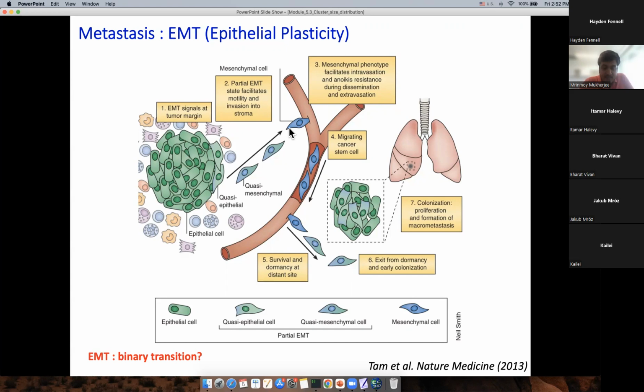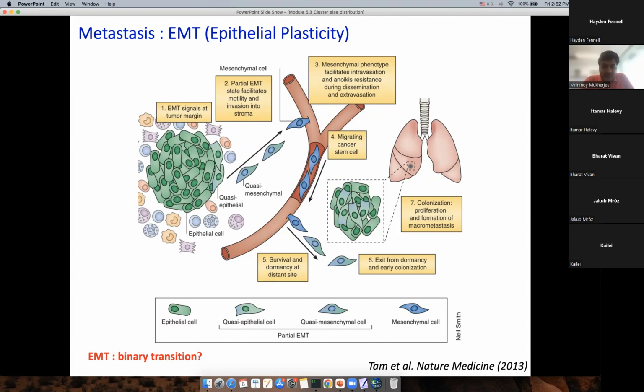As they leave the circulatory system in another organ, they again colonize, and this process is called MET, or mesenchymal to epithelial transition. Today we will focus on the first step of the cascade: how cells from an epithelial tumor are released and go to the circulatory system.